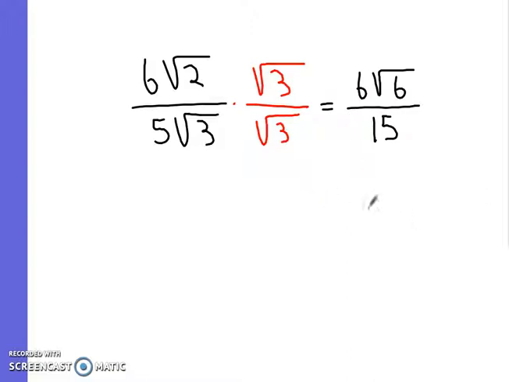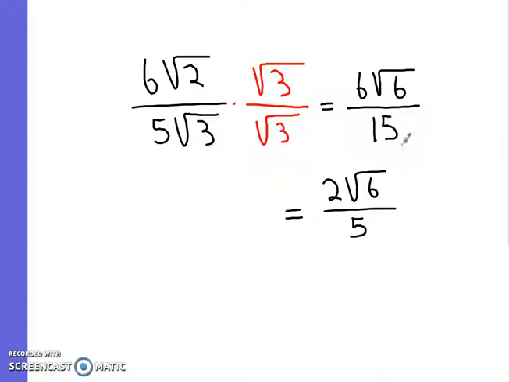Since we're simplifying, we really should make sure we reduce 6 and 15. Both of those are divisible by 3, so I'm going to do that. 6 divided by 3 is 2. I still have a square root 6 up there. And down here, 15 divided by 3 is 5. Now it's simplified and rationalized as much as possible.